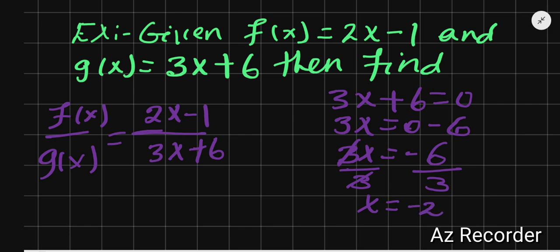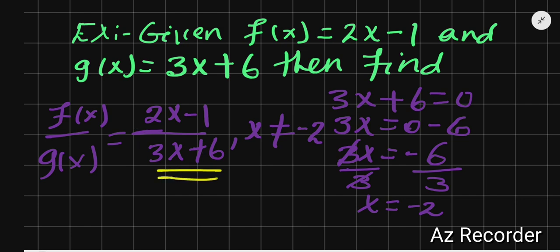Therefore, this is the value of the variable that makes the denominator undefined. Therefore, you should say x should be different from this value. This is the answer. f of x over g of x is equal to this one.